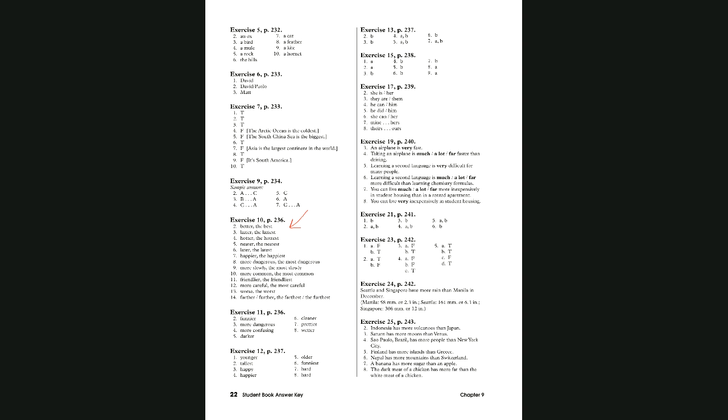Okay, let's do number 4. Number 4, hotter, the hottest. And down at the bottom of your page, page 236, it gives you a little note about the spelling. Because we have a one-syllable adjective that ends with consonant, vowel, consonant.